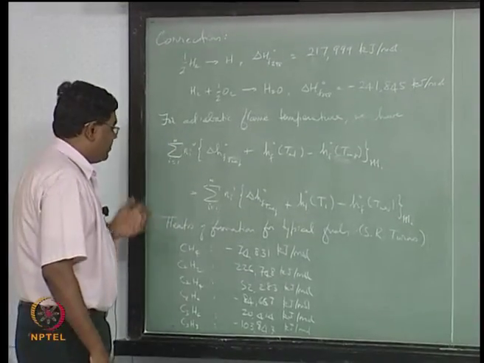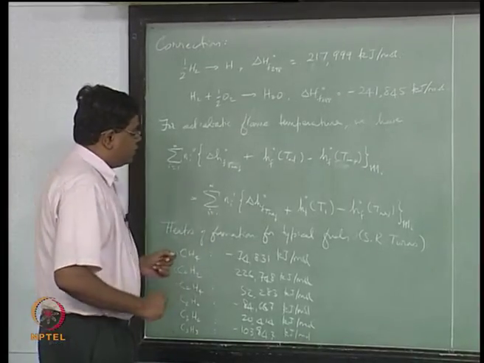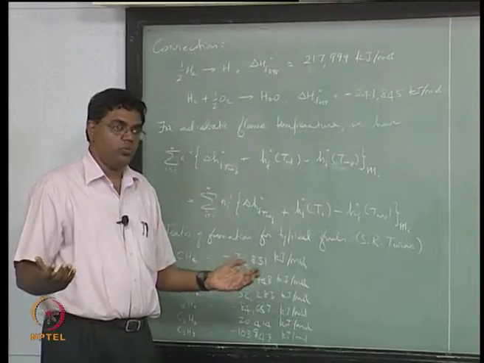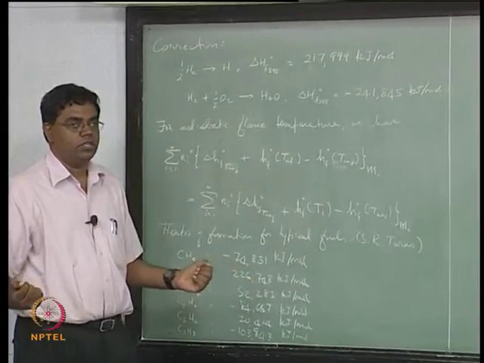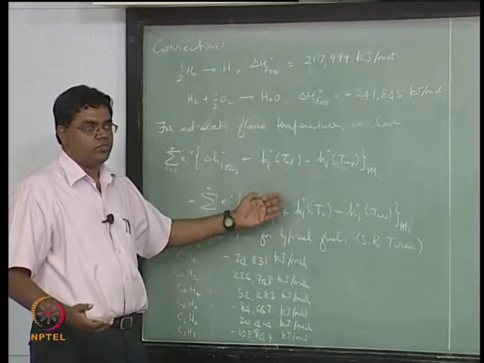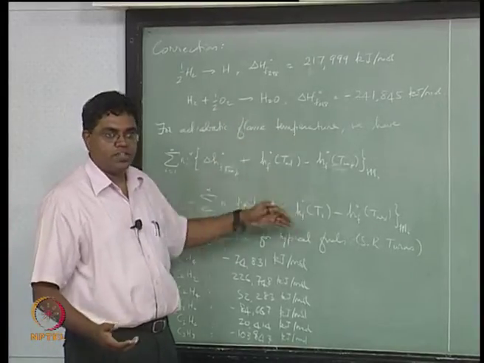But effectively, let us suppose that T1 is significantly low, could be 298 Kelvin or maybe 500 Kelvin or 700 Kelvin, but it's not expected normally to be something like the adiabatic flame temperature itself.